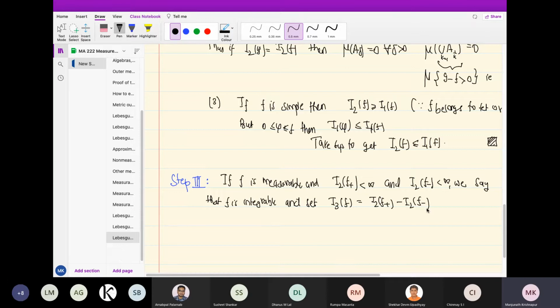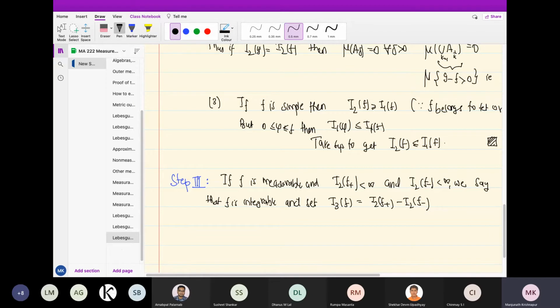Okay. So for the moment, let me just ignore that other case where one of f plus and f minus can have infinite integral. Yes, that is convenient, but for the moment, let me ignore that. You can work it out yourself. I will not bother about that. So let me just concentrate on the main case, where we say that f is integrable.